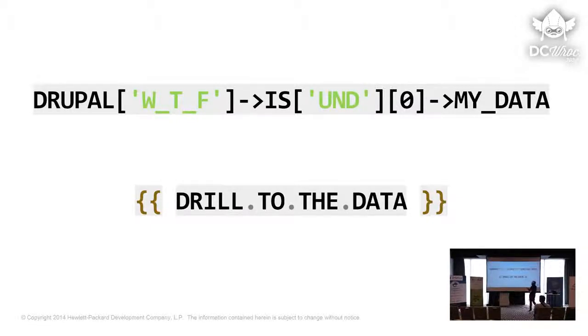How many times have you used this? And you don't know what is in my data, you have to look through the documentation or print dpm by default to see what's going on. In Drupal 8, where you will use Twig, we just drill to the data. For example, you will use node.body. It will be easier.